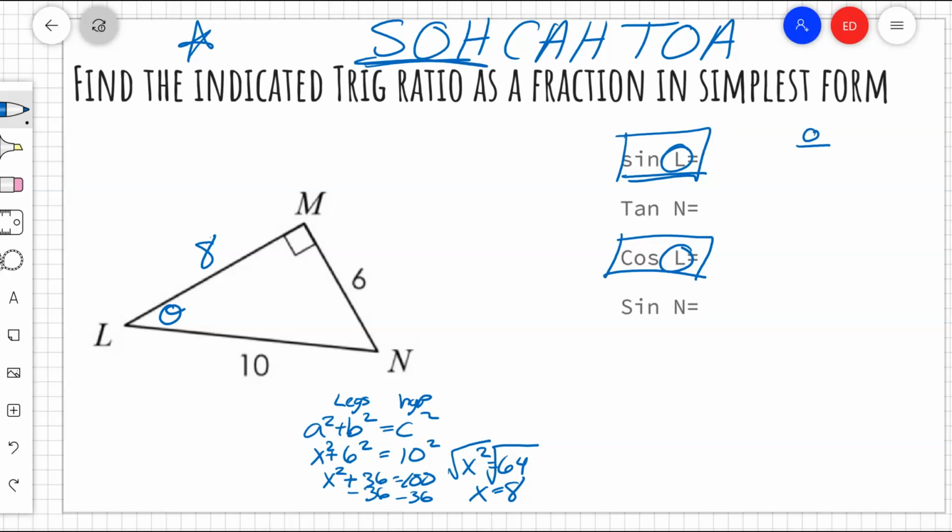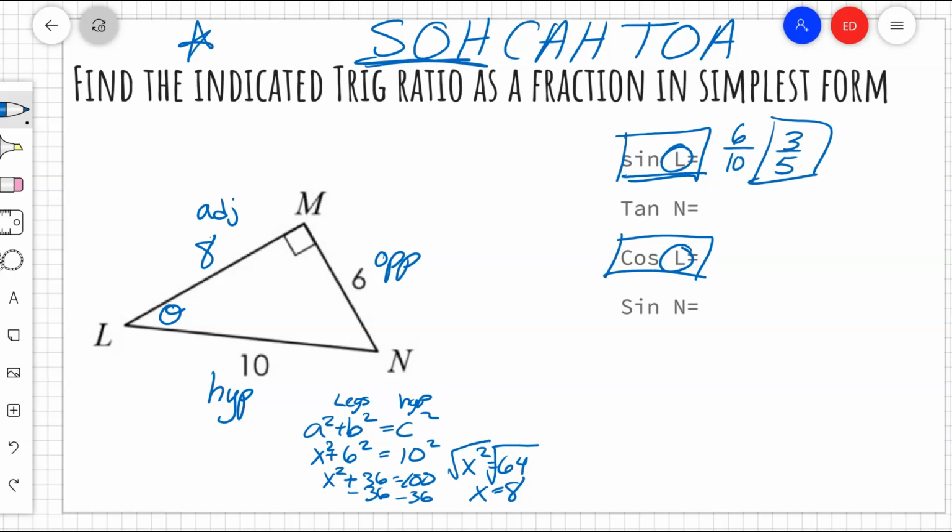Sine is opposite over hypotenuse. The hypotenuse will always be hypotenuse no matter what. This is going to be opposite, and this is adjacent with respect to theta. Now, sine L is opposite, which is 6, divided by the hypotenuse, which is 10, and we do need to simplify there. So this is just going to be 3/5.